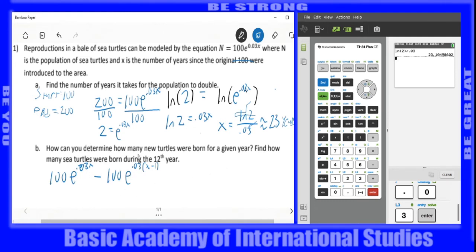So to actually find how many turtles were born in that year, we simply replace x with the number 12, which would give us the equation 100 e to the power of 0.03 times 12 minus 100 e to the power of 0.03 times 11.